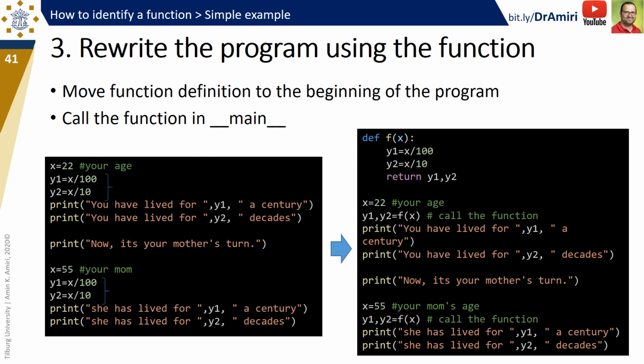Now I'm going to replace the pattern with calling that function. I'm not going to define new variables here. I'm going to use the same variables. So I would say that f(x), x is an input as an argument to the function f, and the result should be stored in y1 and y2. And after that, I simply print y1 and print y2, as you can see.